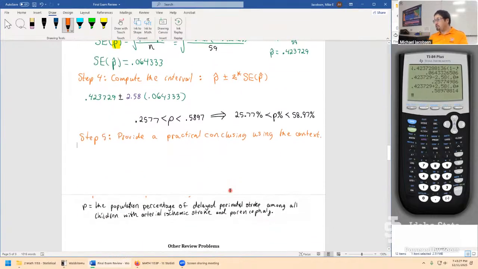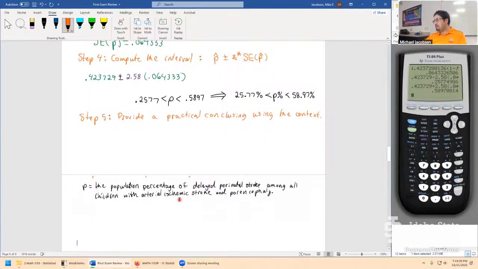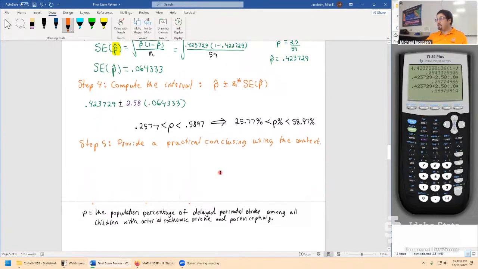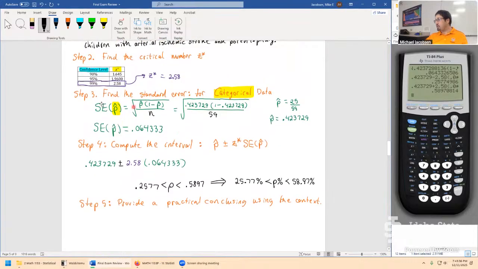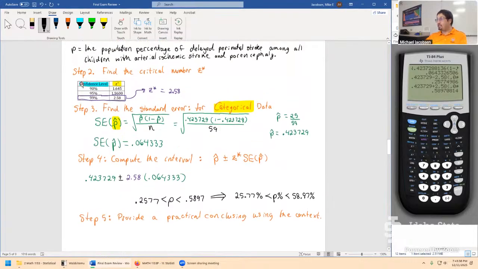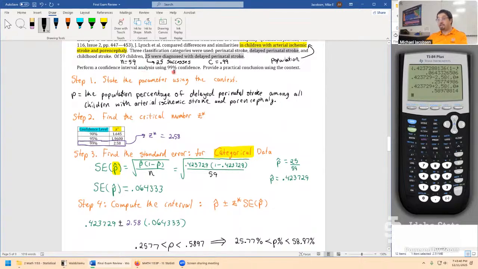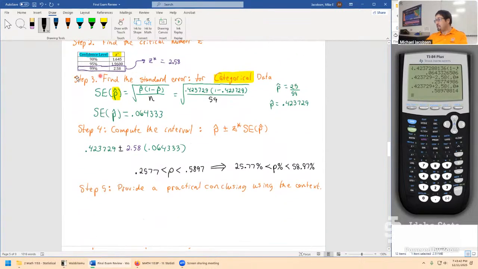For the practical conclusion using the context, really not too much when it comes to a confidence interval. We have to state the level of confidence like we mentioned. So we were at a 99% confidence interval, stated somewhere at the very top up here, or also indicated here when we selected that.